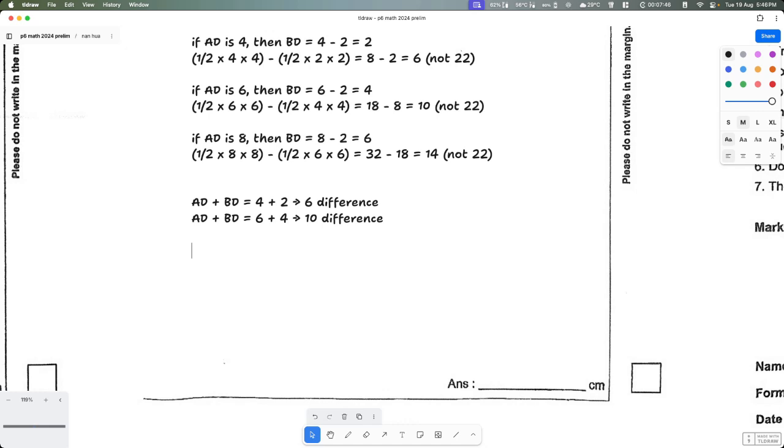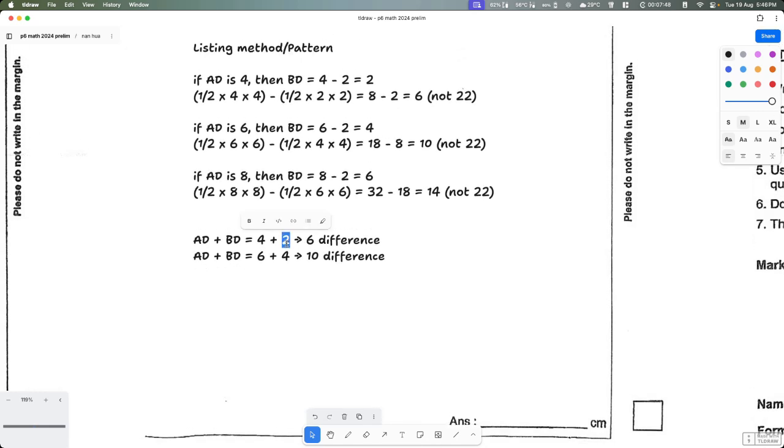So in a way, BD is 2. BD is equal to, in this case, the difference minus 2 and then divided by 2.